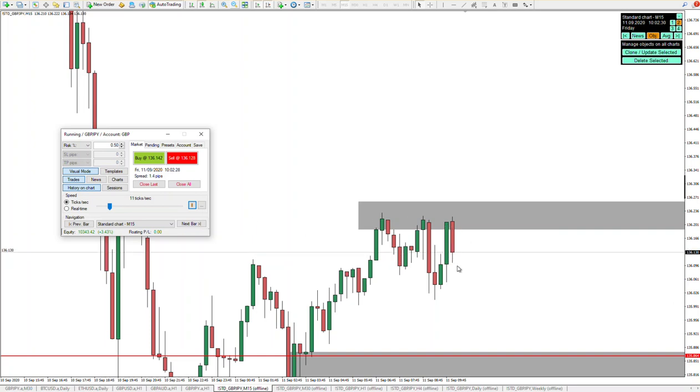Awesome. Still respecting the low. Let's put the speed a bit further on. 5 minutes. Still respecting the low of this candle, even respects the open of that candle.